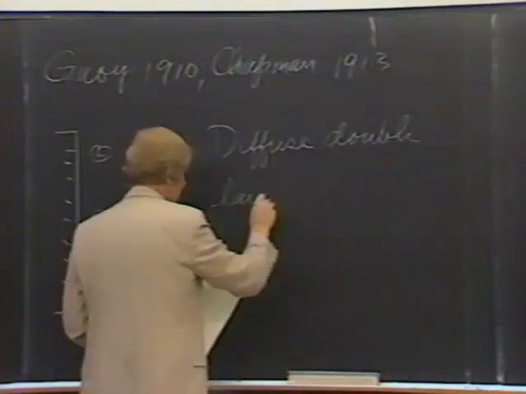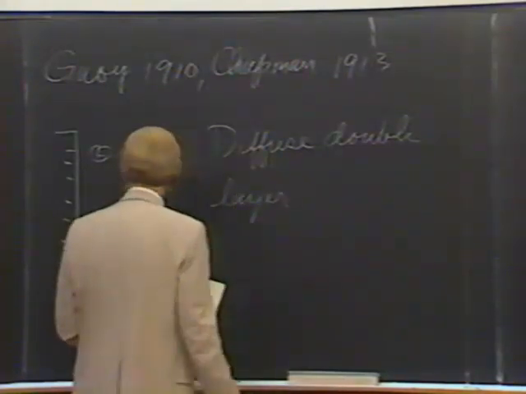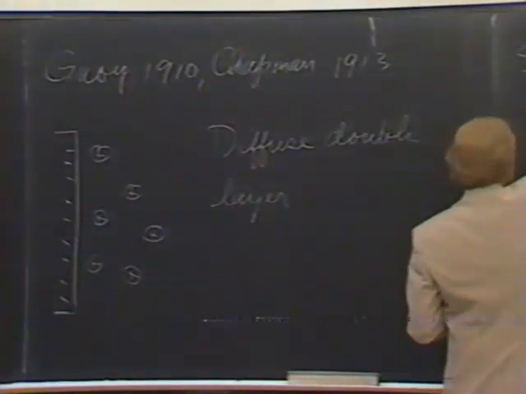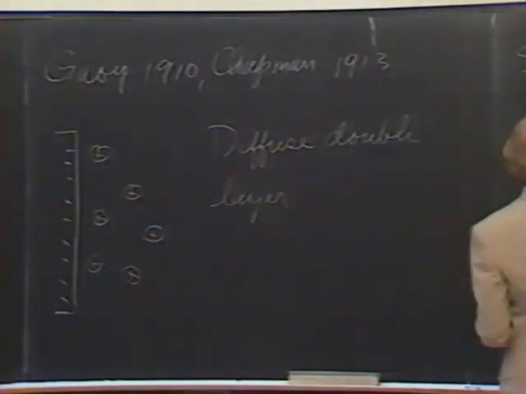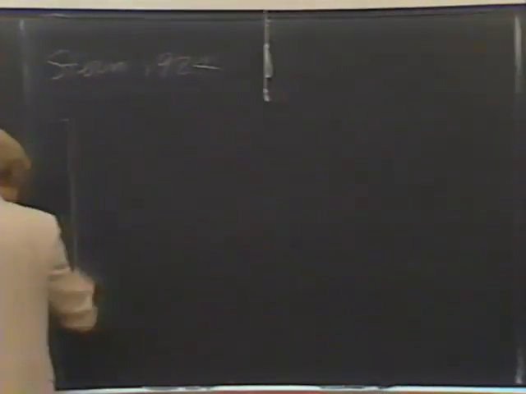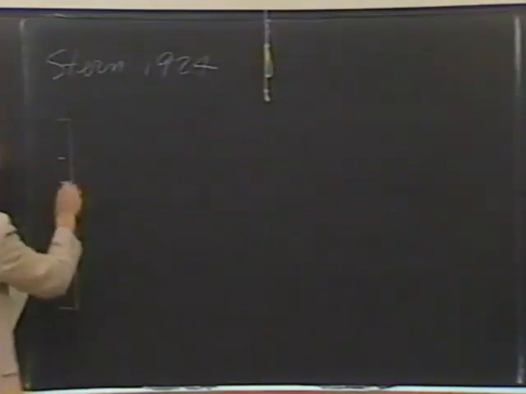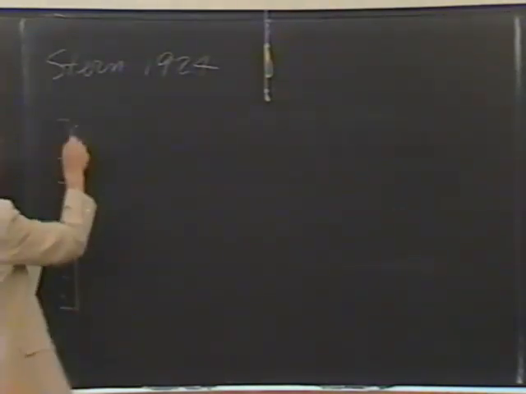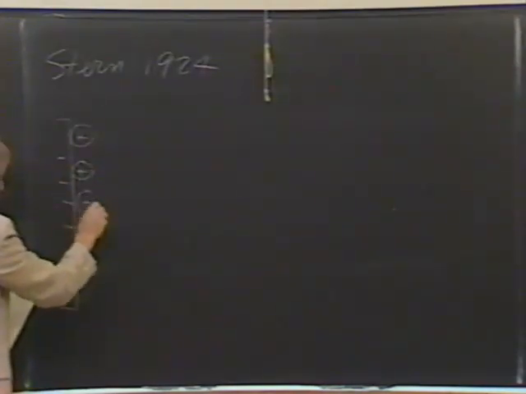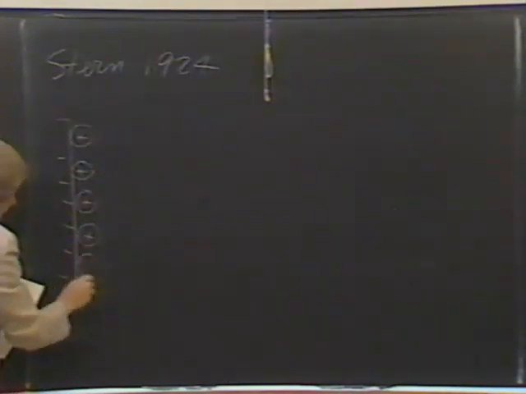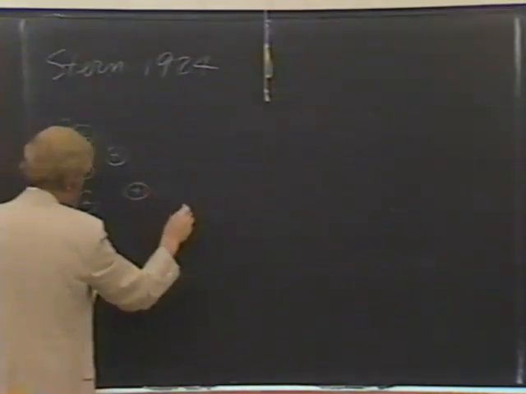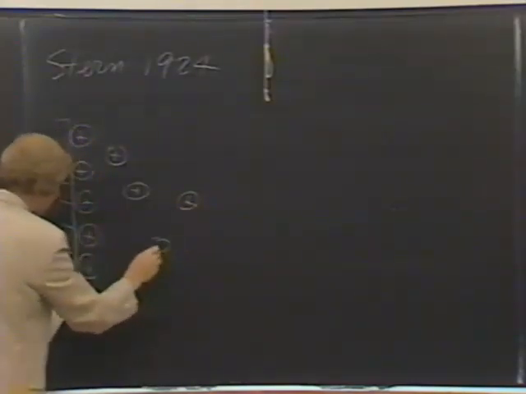Then in 1924, Stern combined the two. He said that, well, most likely there's a layer of charged atoms adhering to the surface, and then in addition to that there are ions out in solution that are diffuse.